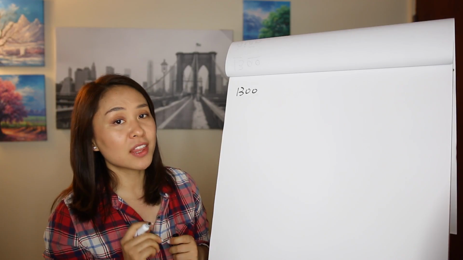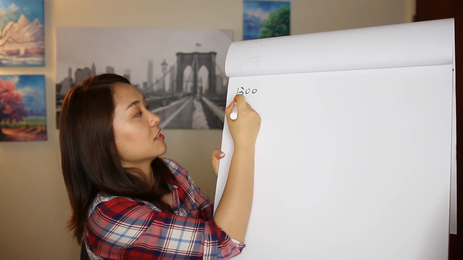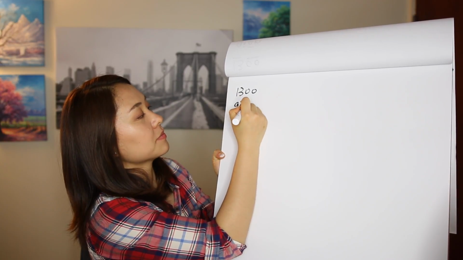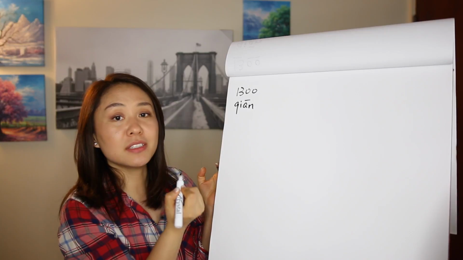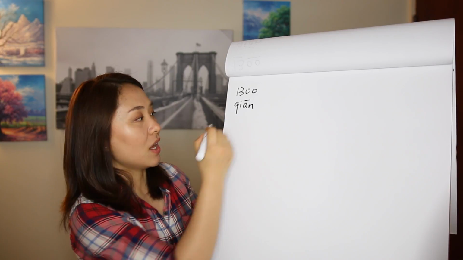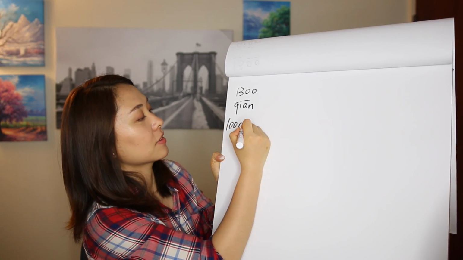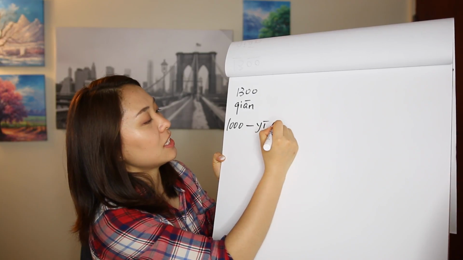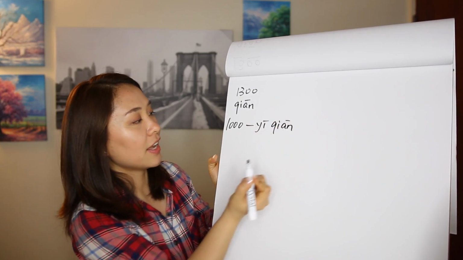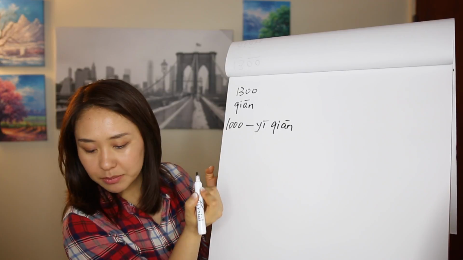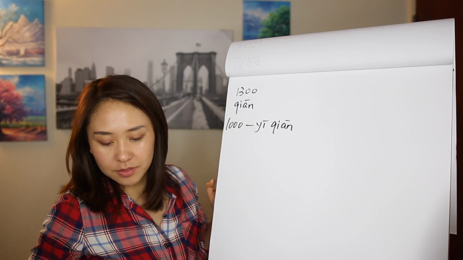Okay, so 1000 in Chinese is 千. 千 means 1000. Okay, and then let me give you a few examples.